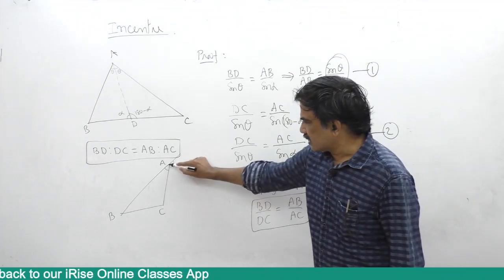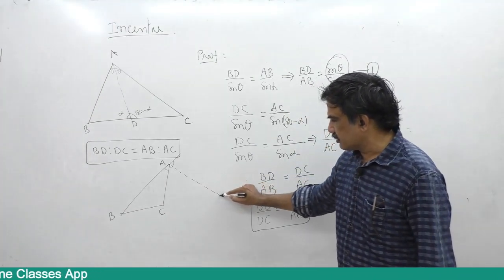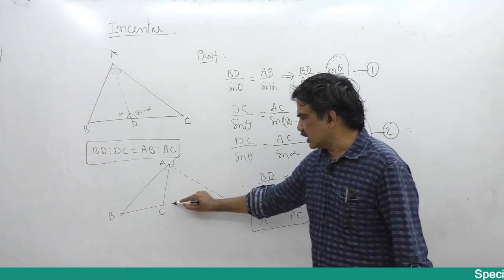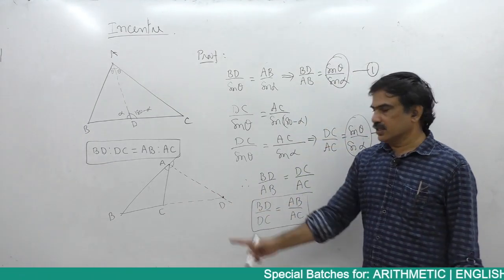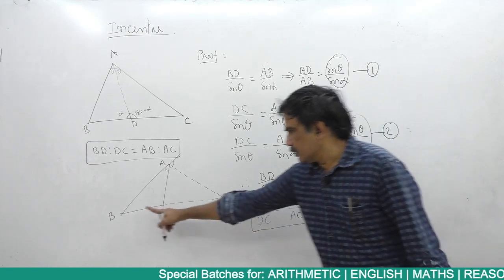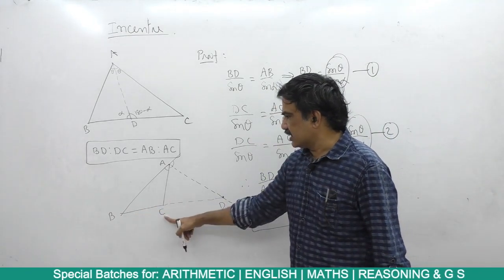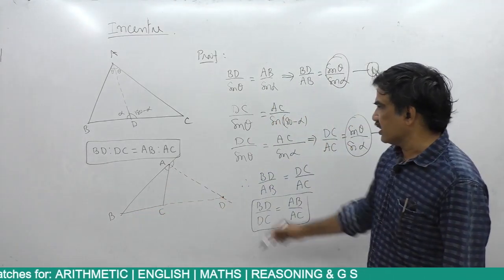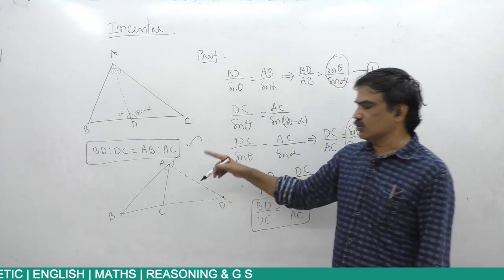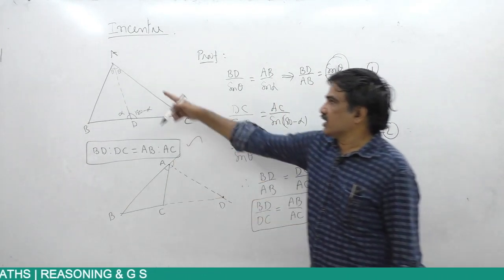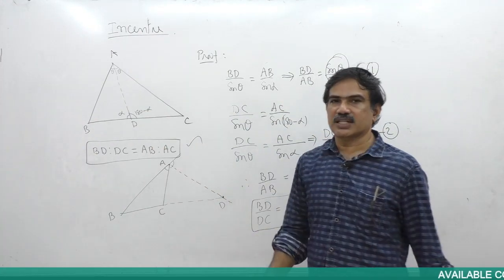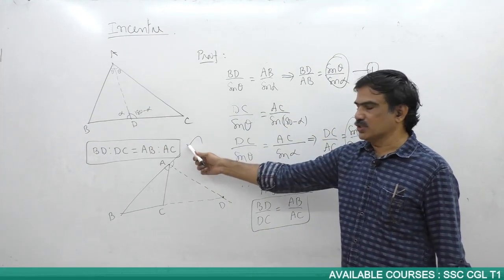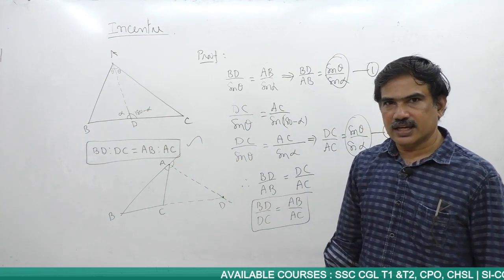If you draw the external angular bisector of A and BC is also extended, if they meet at D, in this case also BD by DC is equal to AB by AC. The same formula is applicable for this also. Whether it is the internal angular bisector or the external angular bisector, it divides the opposite side in the ratio of its adjacent sides.